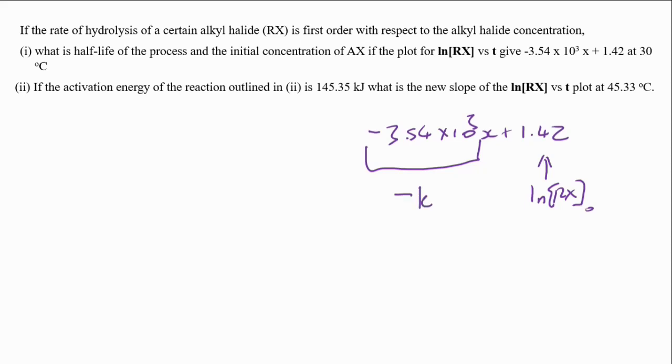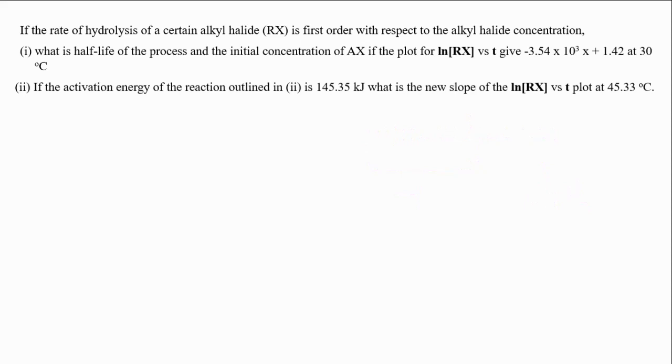Now, why do I need k when I was not asked about k? Well, I know that for a first order reaction, the half-life is equal to natural log of 2 over k. So if I have k, then I can figure out the half-life. The natural log of 2 is something like 0.693.